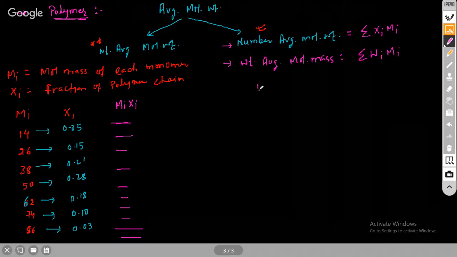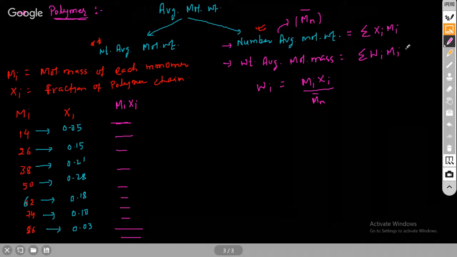It is the weight fraction, and it can be given by mi xi divided by Mn bar. This Mn, notation I forgot to write: number average molecular weight is Mn bar.